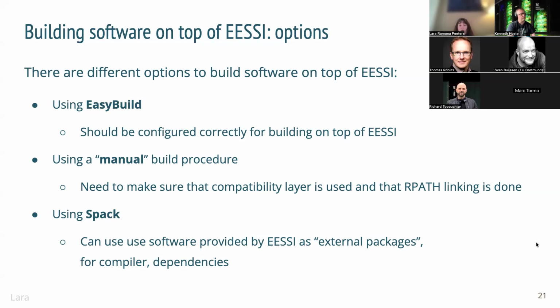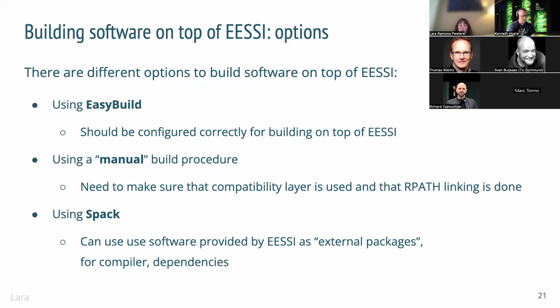You can also manually build on top of EESSI. For this, you need to also configure and set up RPATH linking so that you will rely on the compatibility layer. But we also have some tools to make this easier, which we will also come back to. You can also use Spack.